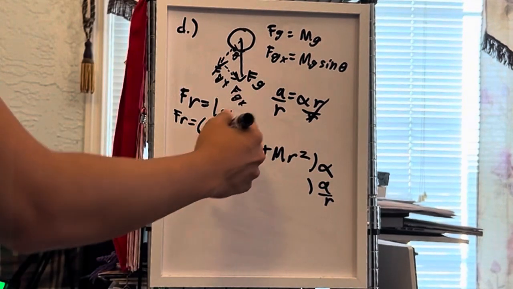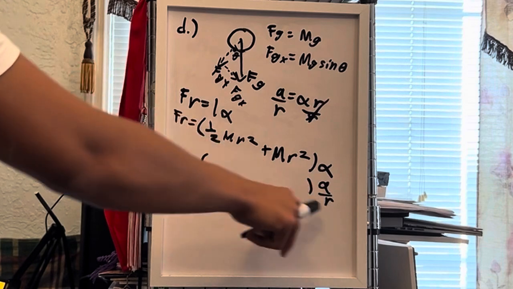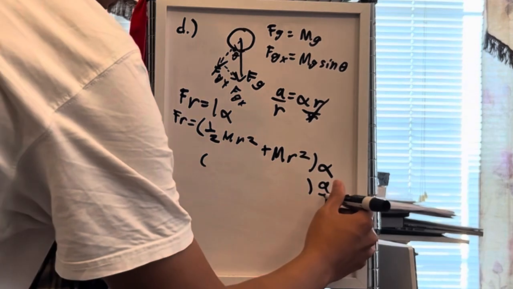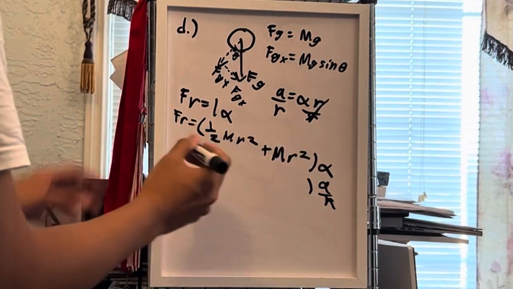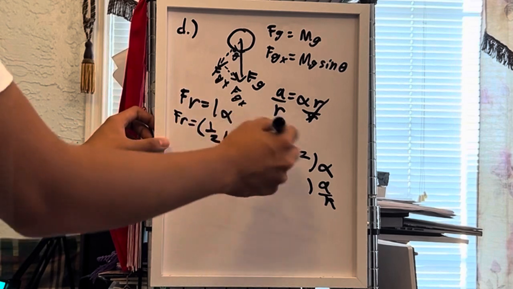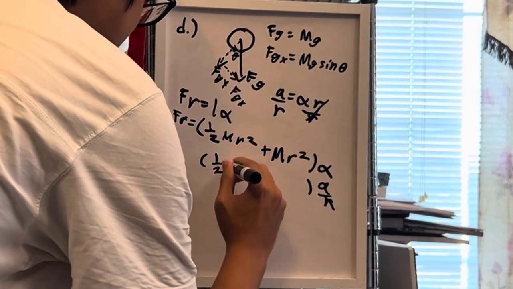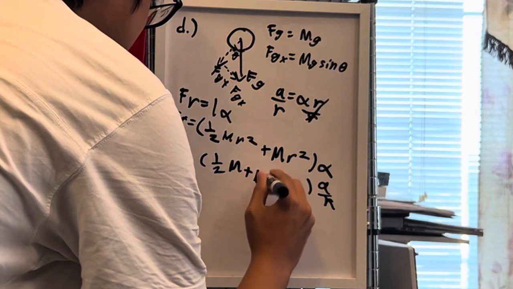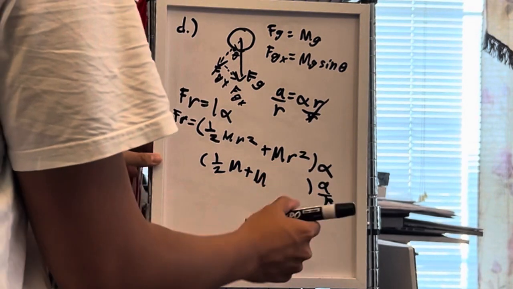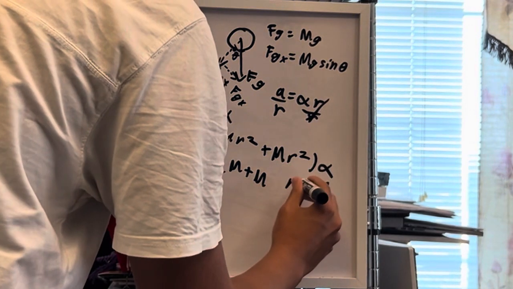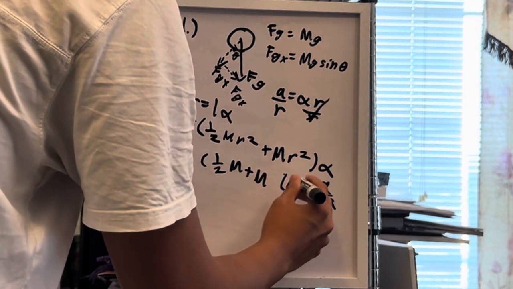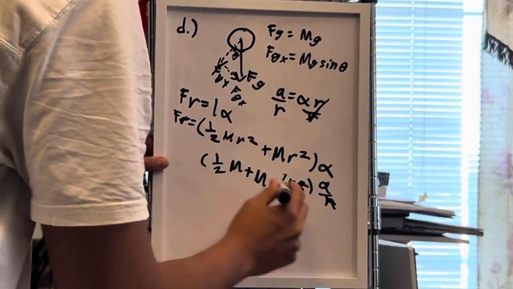That means I can factor out an R out of all of this. This will cancel out with that. And then this R over here will cancel out with the R squared, the R's in there after. So both those R's cancel out. I'll just write 1/2 M plus M because all the R's have canceled out. This R squared I factored out. 1 cancels here and then 1 cancels there.